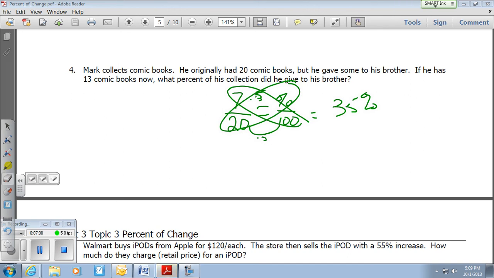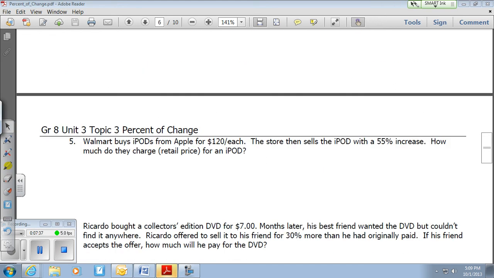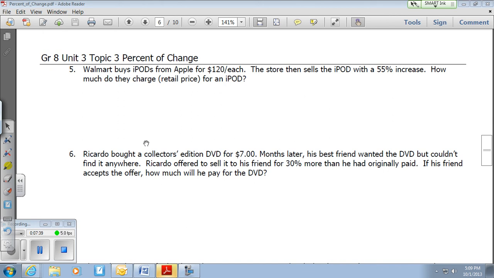All right, let's go to the next one. Number 5, Walmart buys iPods from Apple for $120 each. The store then sells the iPod with a 55% increase. How much do they charge for an iPod?